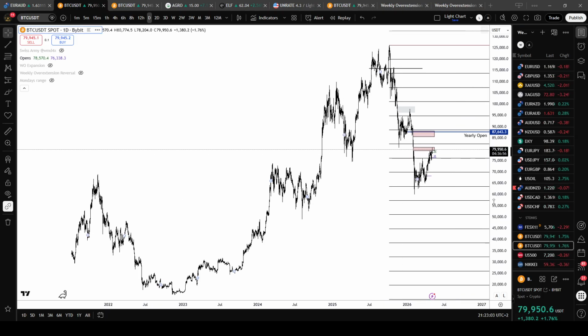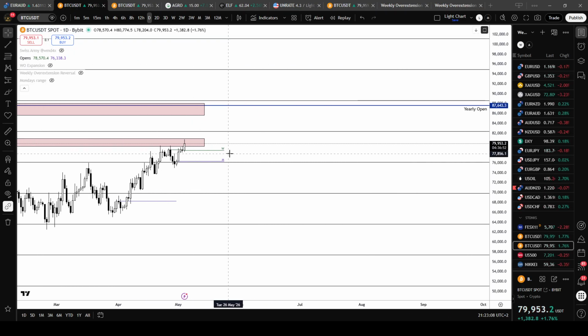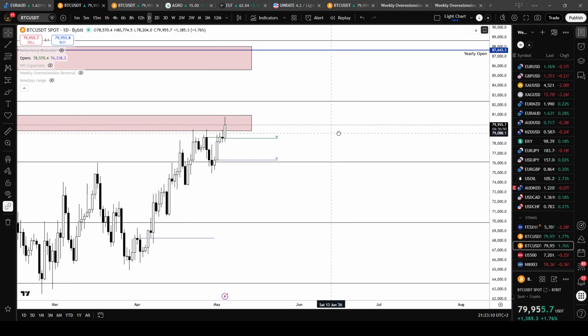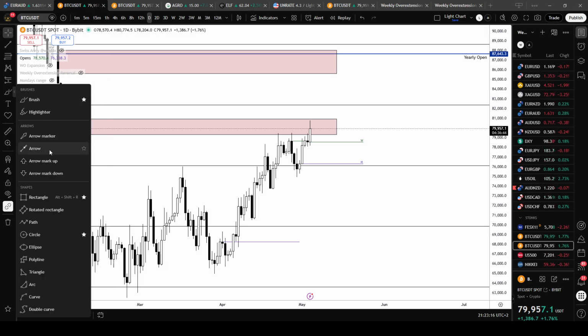So yeah, those are my thoughts. I'm leaning more bullish than bearish, even though we are trading into resistance.